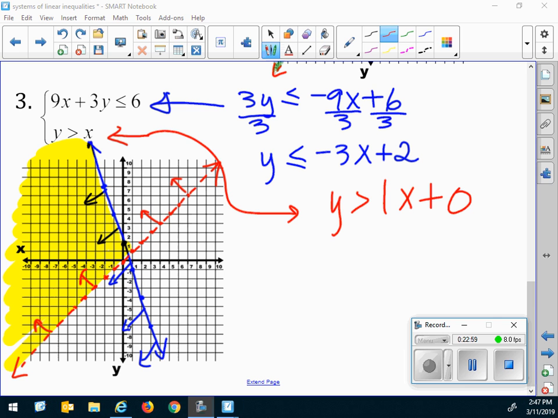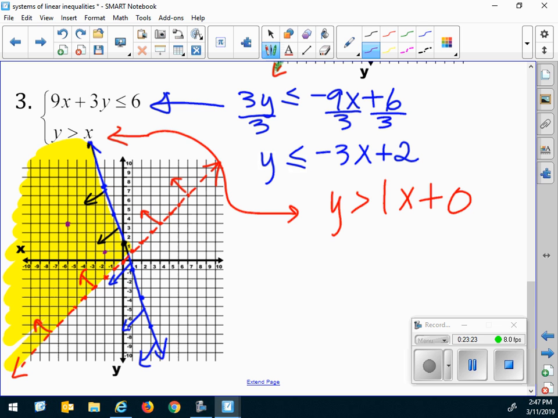I'm going to ask you a question. Could you name a point that is a solution of this system of inequalities? One at a time. Negative 6, 4. Is that a solution? Yes. Give me another one. Negative 2, 1.